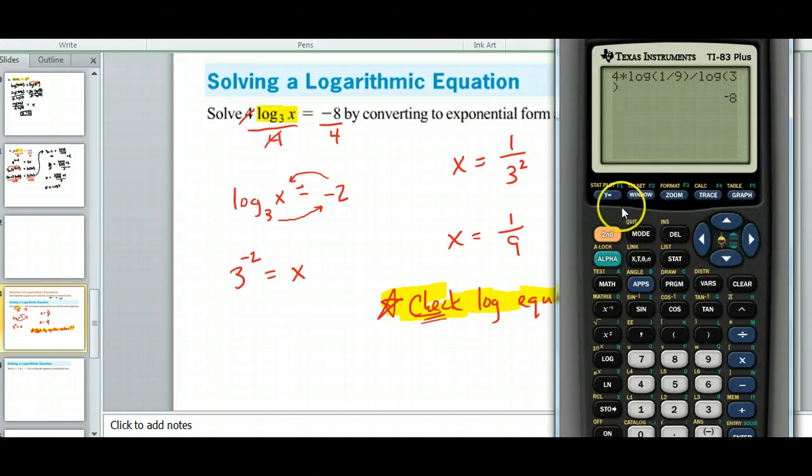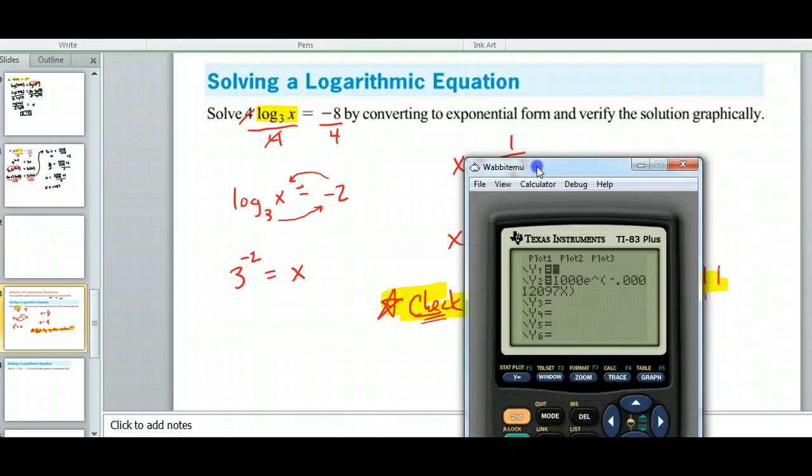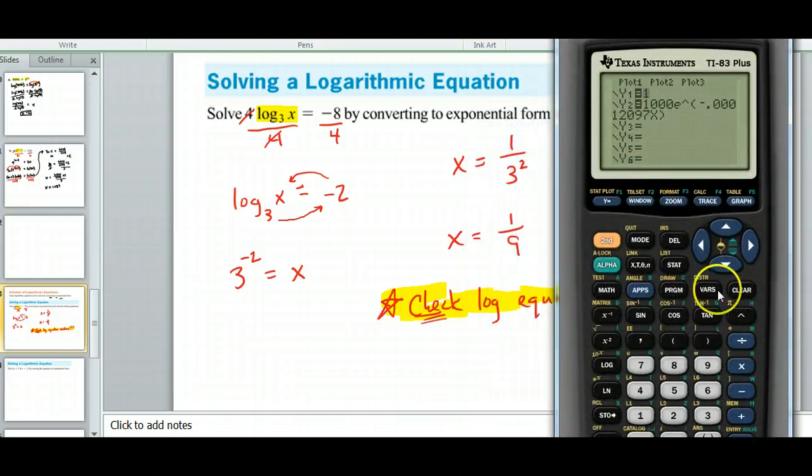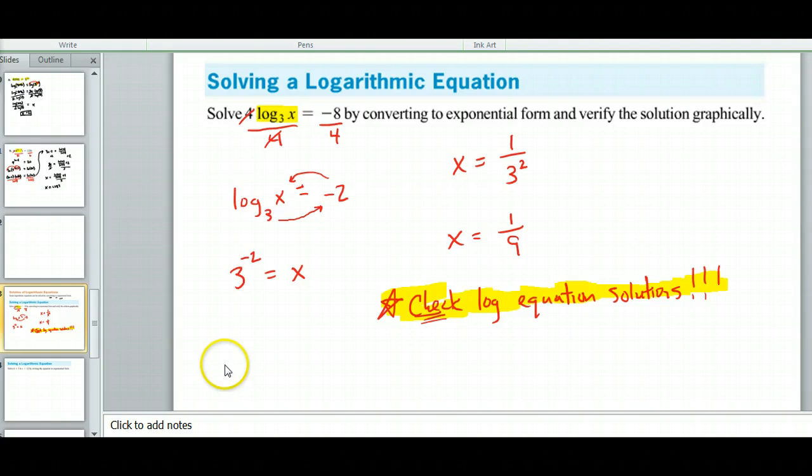If I wanted to verify the solution graphically, meaning I put the left side of the equation in y1 and the right side in y2, I have to use that change of base formula again. Let me write it down here so you'll have it. Log base 3 of x is the same thing as log of x divided by the log of 3.